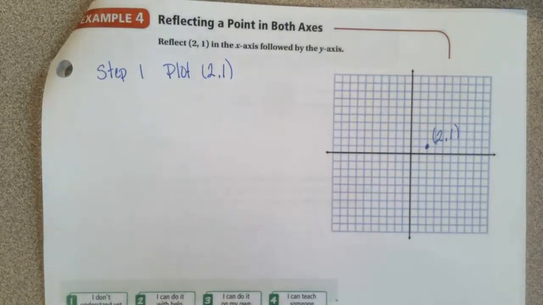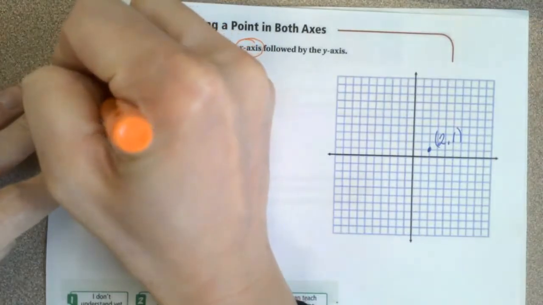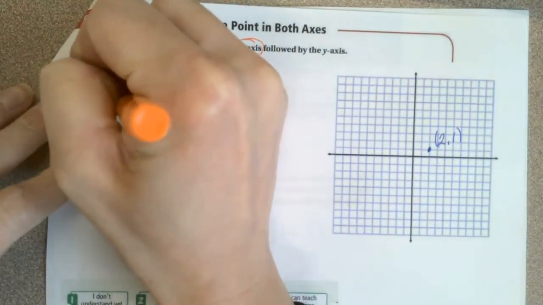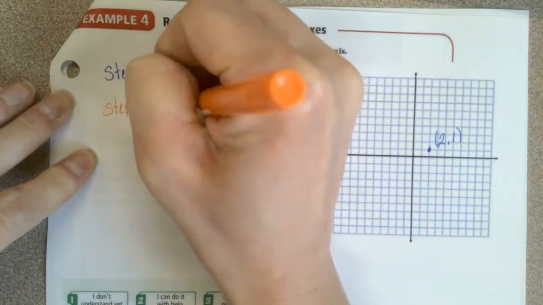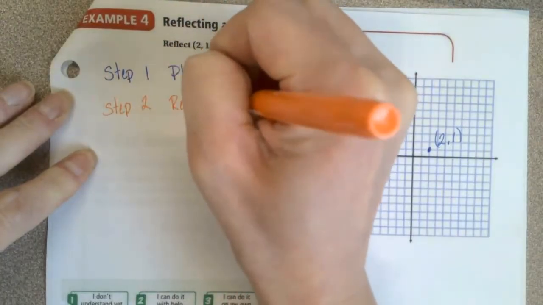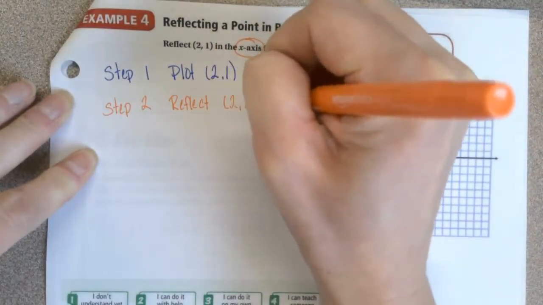Now, the next step, we're going to reflect it in the x-axis. So next, it asks us to reflect in the x-axis. So I'm going to take that original point, (2, 1), and reflect it in the x-axis.